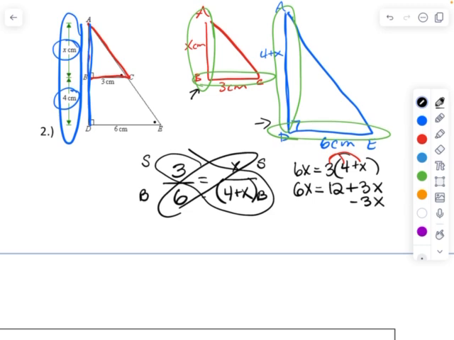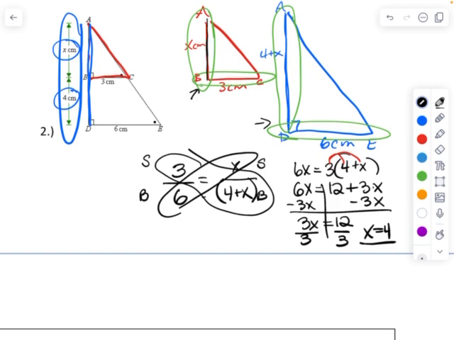Let's go ahead and move this 3X, right? Make 0 pairs here. If I subtract 3X from the right, I must subtract 3X from the left. And I'm left with 3X equals 12. One step left, I will divide both sides by 3 and get that X is equal to 4.